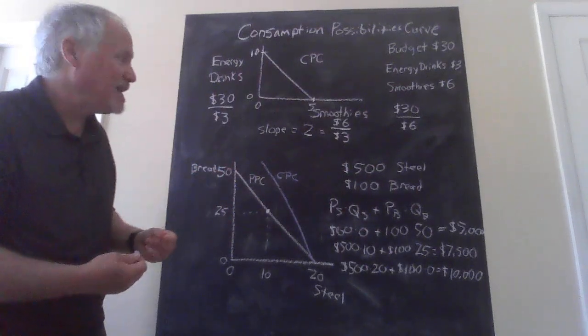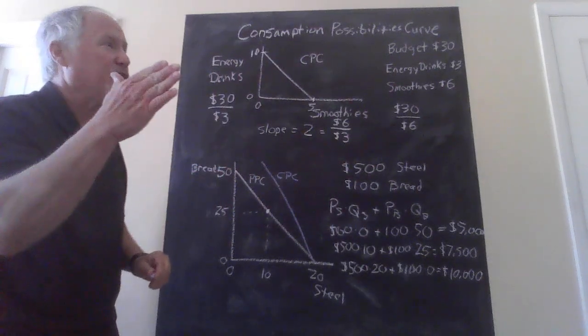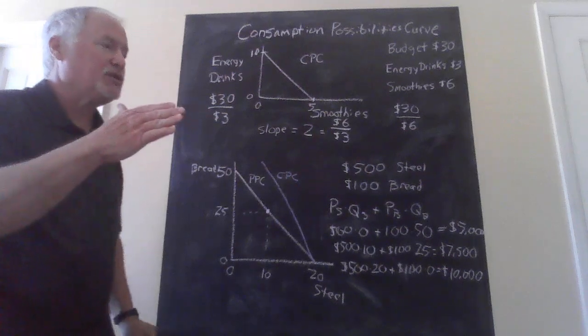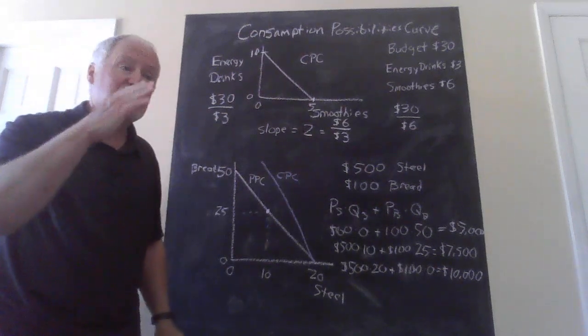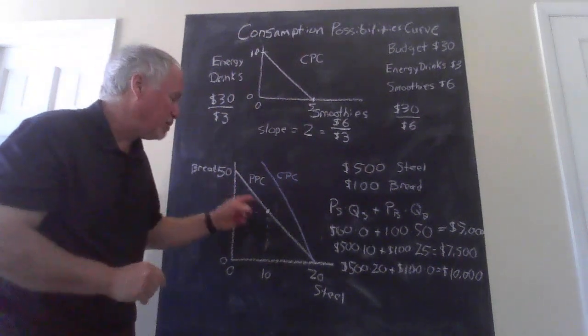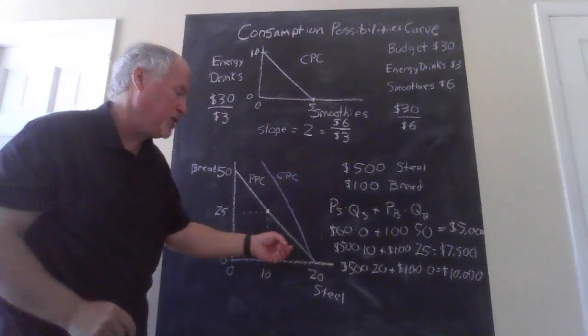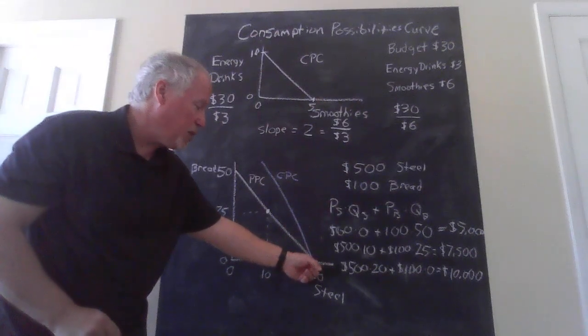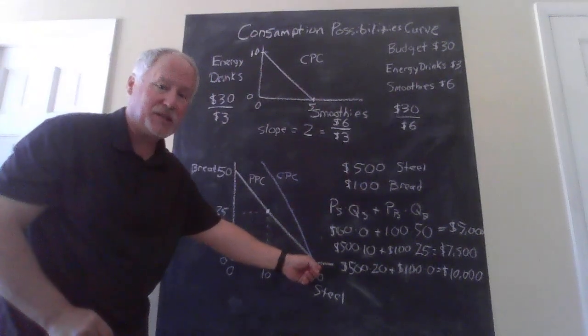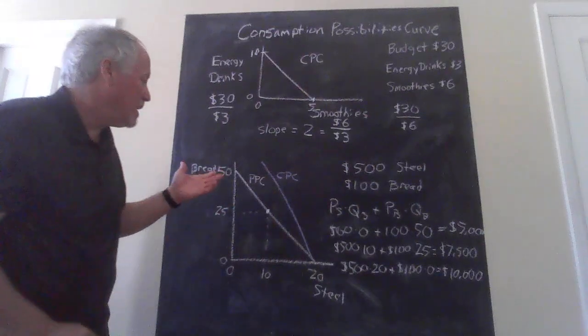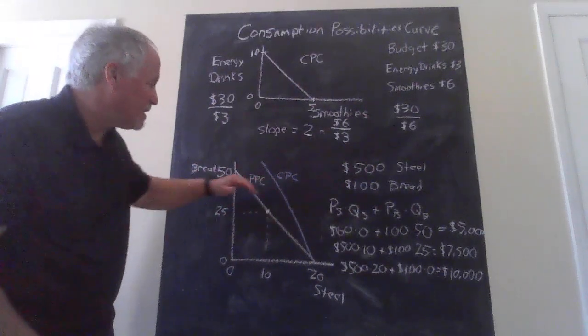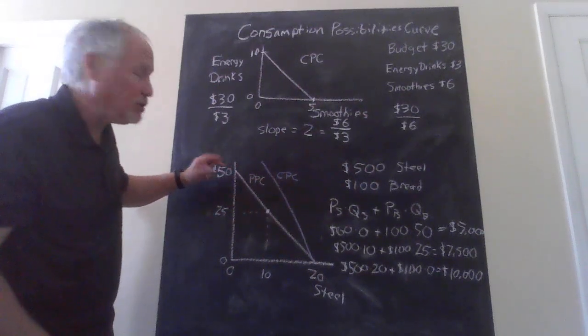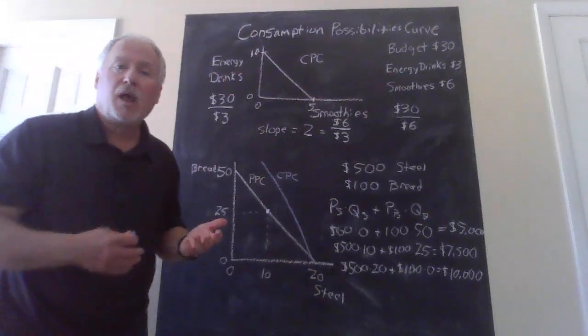So what we can see is that if a nation faces a consumption possibilities curve that is steeper than their production possibilities curve when they get to international trade, and they have a linear PPC, you'd be down here. And then if it's flatter than the PPC, you'd want to be up here and produce all bread. And that's good.